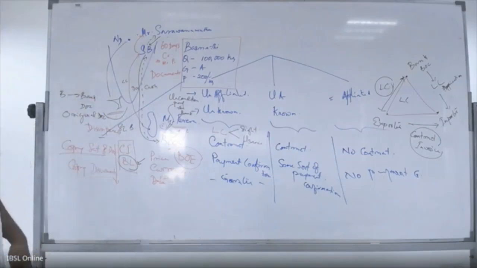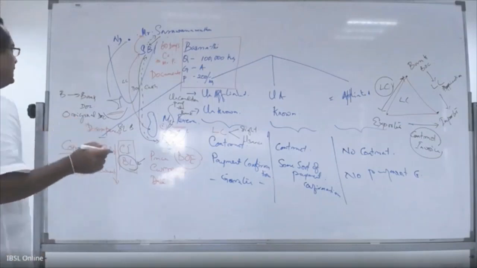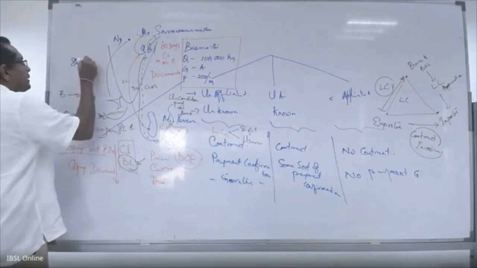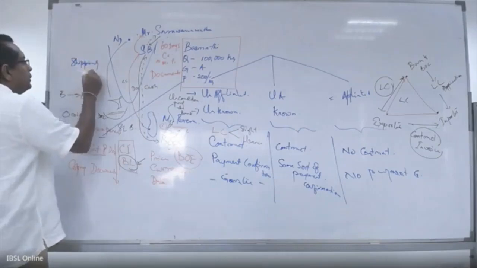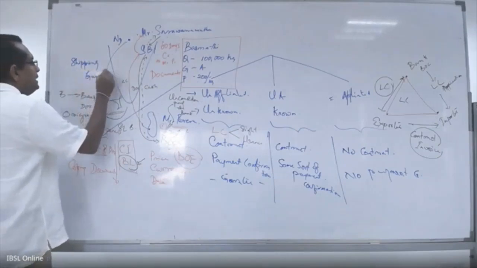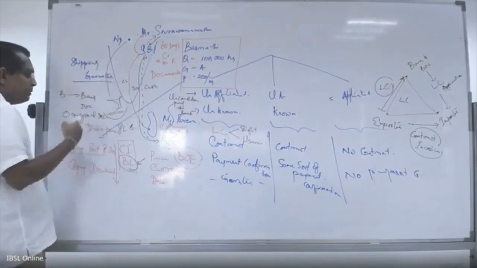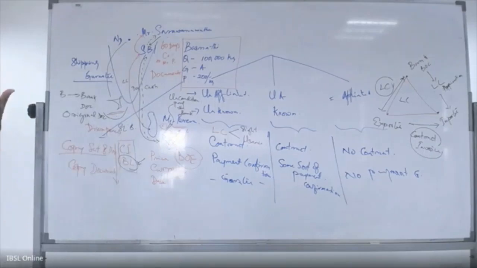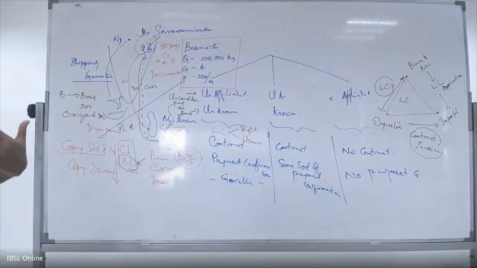So the bank needs to issue a guarantee called a shipping guarantee to the shipping agent. We allow the shipping agent to release the goods from customs to the customer, even though we have not received the original documents. Right?